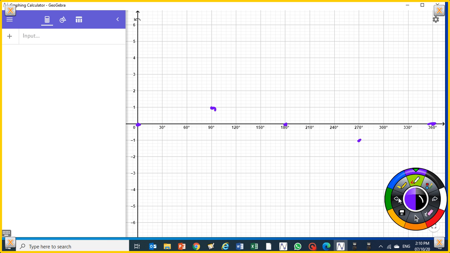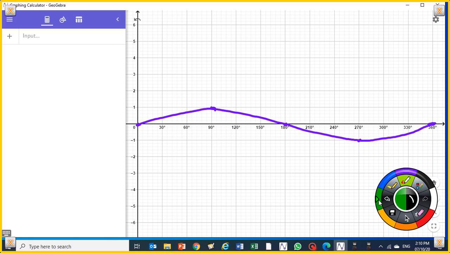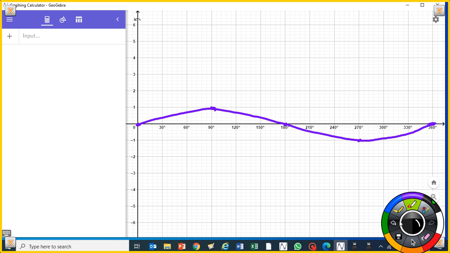Okay? For both of them, their amplitude is 1. The next one, when x is 0, y is 0.